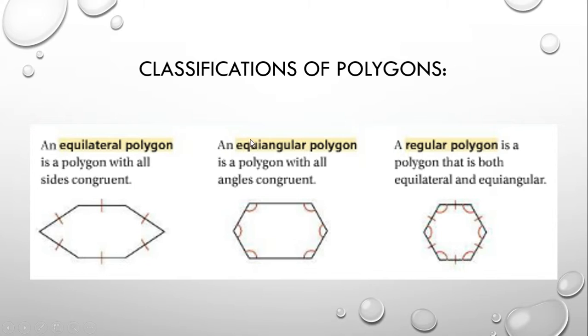If I say equiangular, the word angle is in there, then I'm talking about a polygon that has all equal angle measurements. If I say regular polygon, what I'm talking about is a polygon that has all equal length sides and all equal angles. Okay? For the purposes of this class, most of the time, not all the time, we're going to be working with regular polygons.